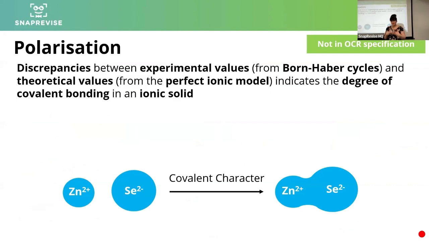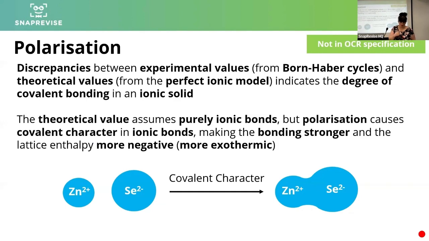Because if we have experimentally calculated the value to be stronger than the data book tells us it should be, we know that there is in reality more covalent character present. The theoretical value assumes purely ionic bonds, but polarization actually happens in real life, which means we get more covalent character, so the bond will be stronger, and you'll get a larger, more negative, more exothermic lattice enthalpy. So that will tell us.